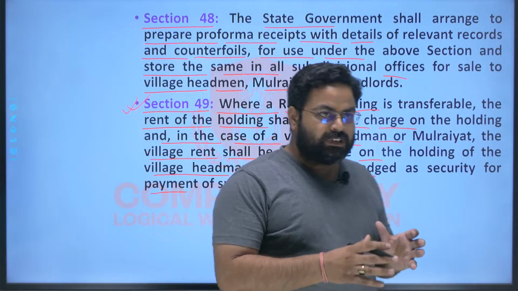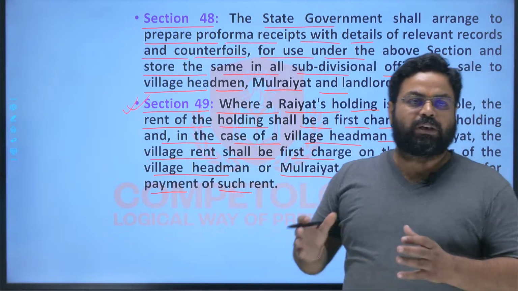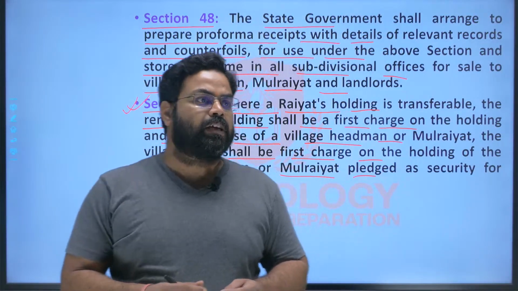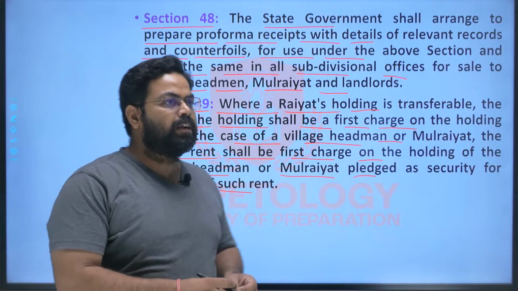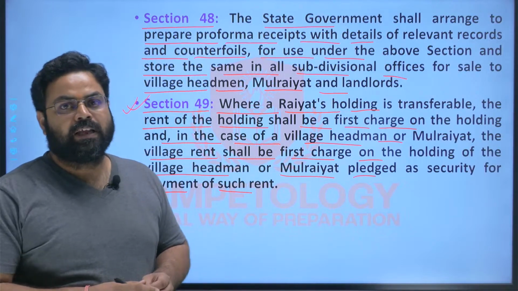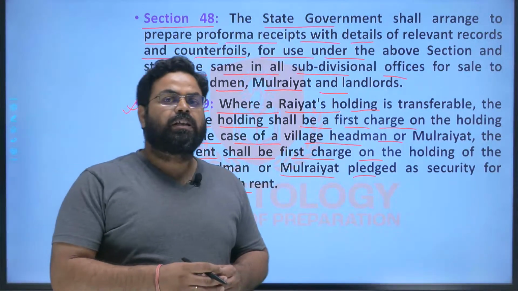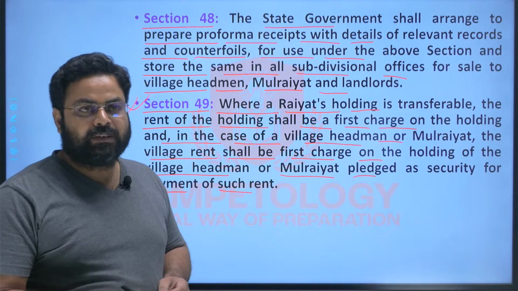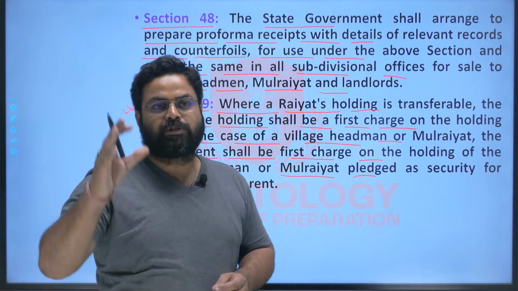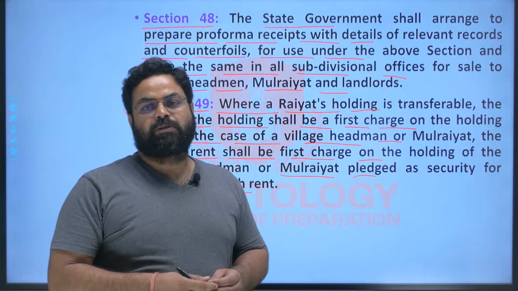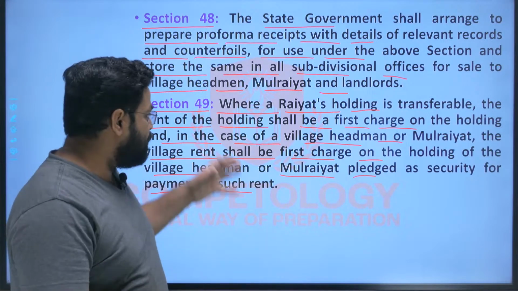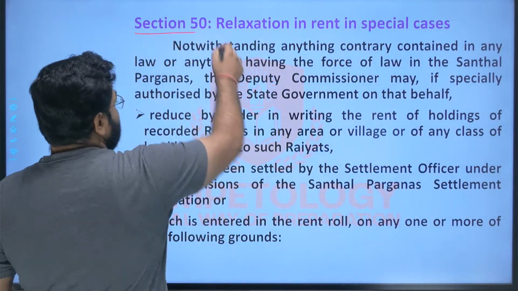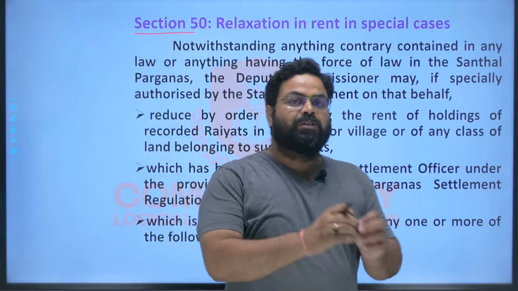So if the Rayyat holding is transferable, then first of all, if the Rayyat is available, the liability to pay the rent is of that Rayyat. And if he is not available, then as a security, the Mool Rayyat or the village headman, as the case may be, will have to pay the rent for that particular piece of land in which the Rayyat is not available, right?